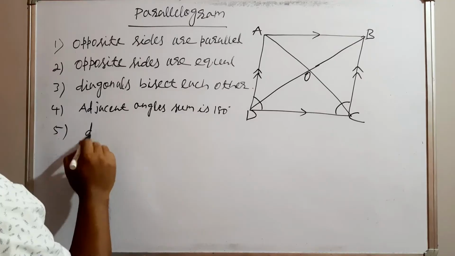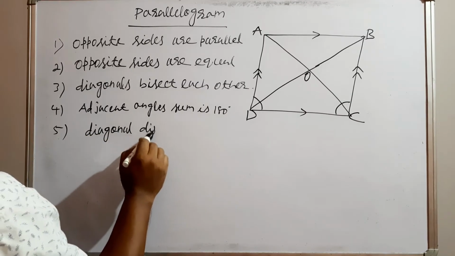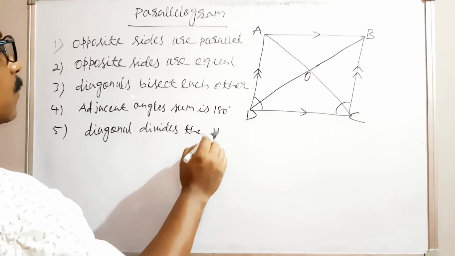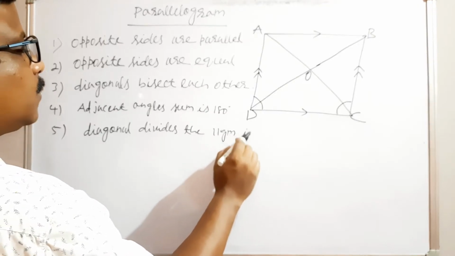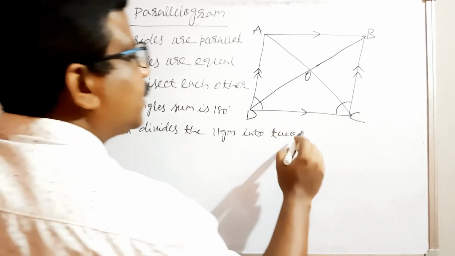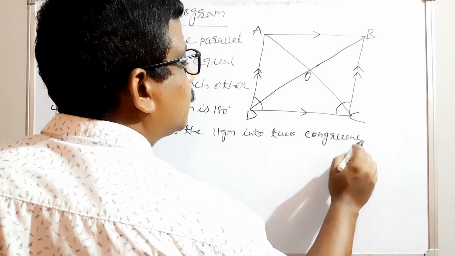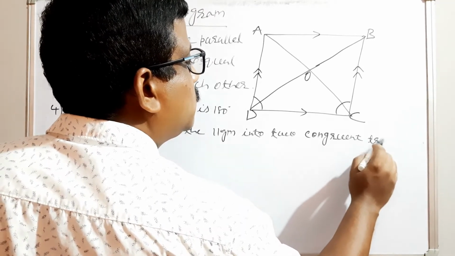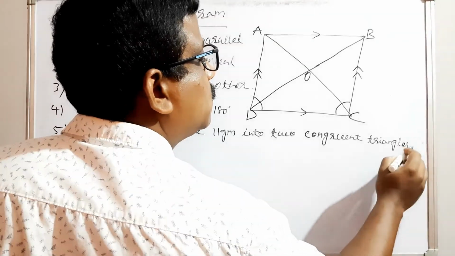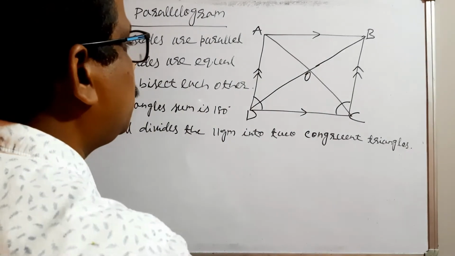So the diagonal divides the parallelogram into two congruent triangles. Understood?